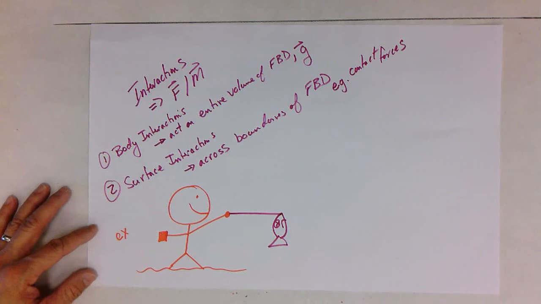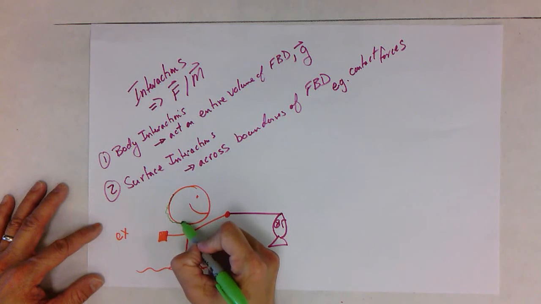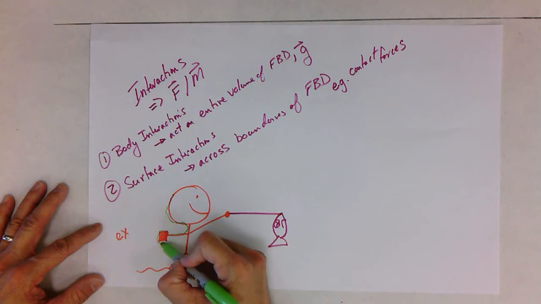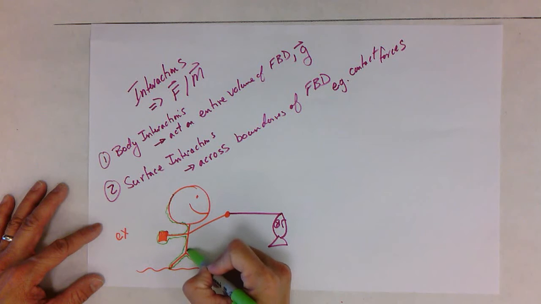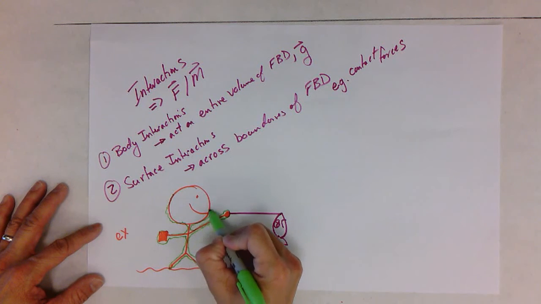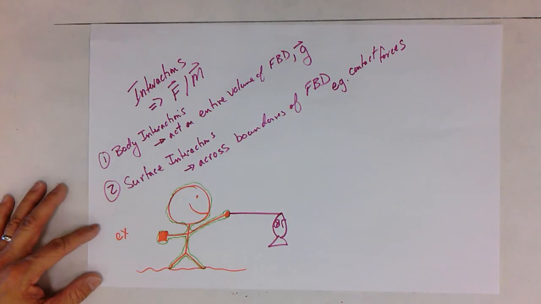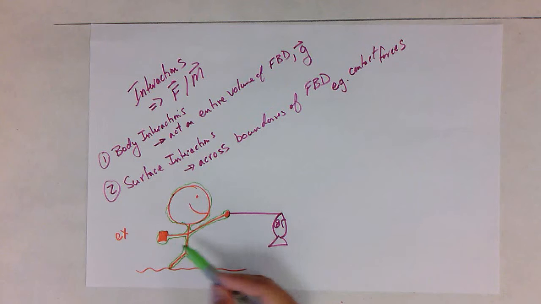Okay, so the first thing is draw the boundary. Let's select as the boundary Mark, and we'll pick the coffee cup as well. So we'll draw the boundary that just encompasses his body. It'll encompass his hand, but not the fishing pole. Okay, so we've defined what's inside, that's the body and the cup, and everything that's outside: ground, fishing pole, etc. All right, so let's draw a free body diagram.